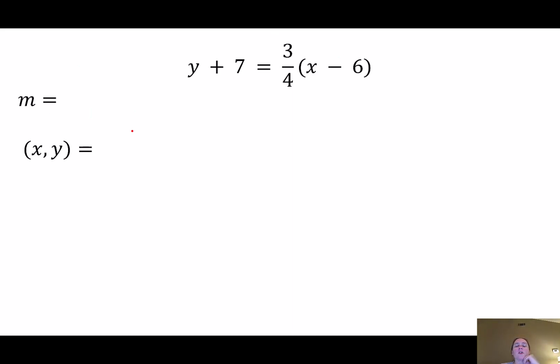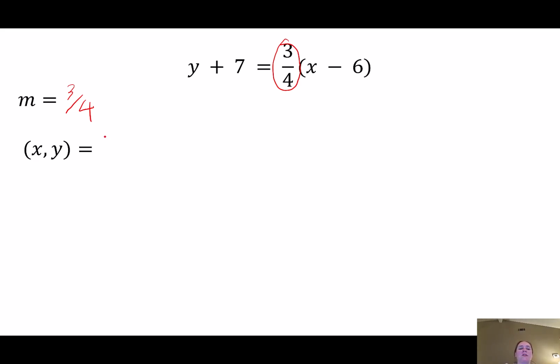Okay, so looking here, I've got y plus 7 equals 3/4 times x minus 6. So my slope is what's right in front of the parentheses. So in this case, 3/4. Apologize, my dogs are a little bit rambunctious tonight. All right, so let's go ahead and pick out our point. So we're going to look at what comes after the x.